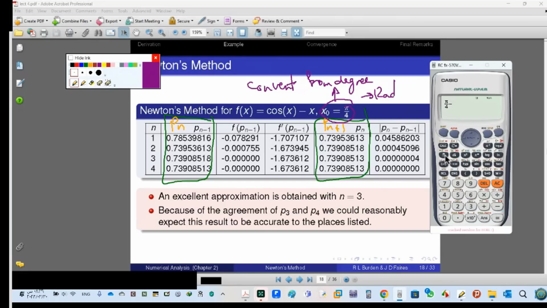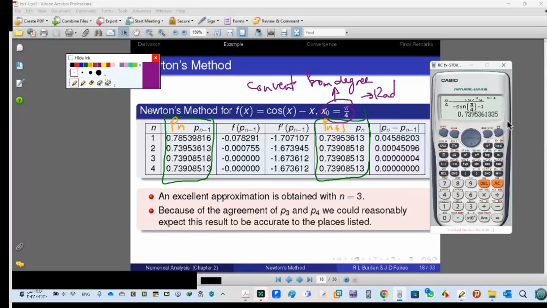Minus f. Make this, f is cosine pi over 4 minus, you can write all of these. And I see my hand, pi over 4 over minus sine pi over 4 minus 1.